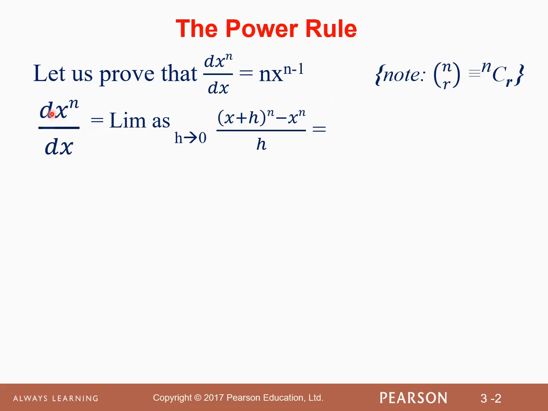We want to prove that d x to the power n by dx equals the limit as h goes to 0 of x plus h to the power n minus x to the power n, divided by h.